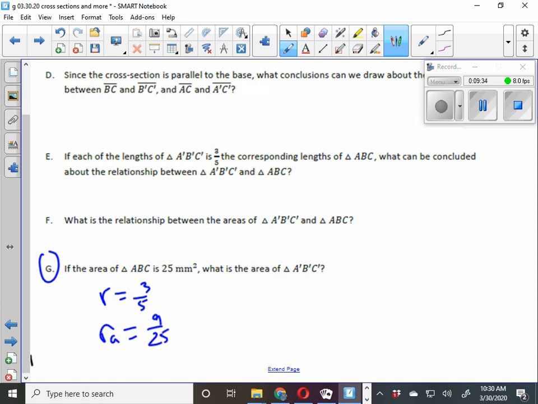If the area of the base is 25, then you're looking for the cross section, and clearly C has to be 9 millimeters squared. Now you can cross multiply and solve that, but that was the idea.